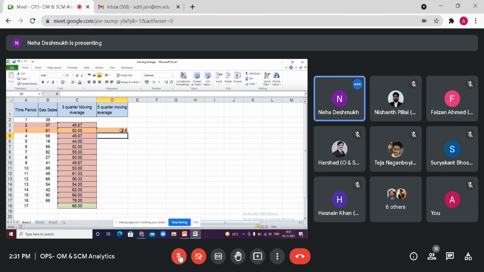Enter. I can drag this formula up to 17 also. Do it now. Just apply the average function, first for the first three values, then for 5 quarter it will be for 5 values.